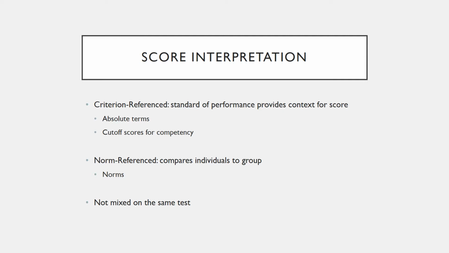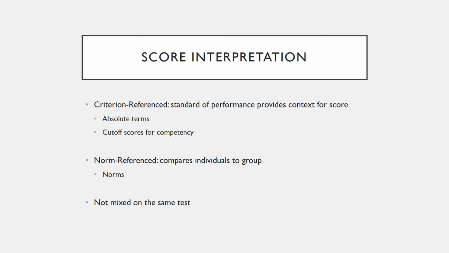So the first is criterion referenced interpretation. This is based on some sort of standard of performance. There's usually an absolute term, a cutoff score, and a certain level that indicates competency in a particular area. So think about intelligence testing.